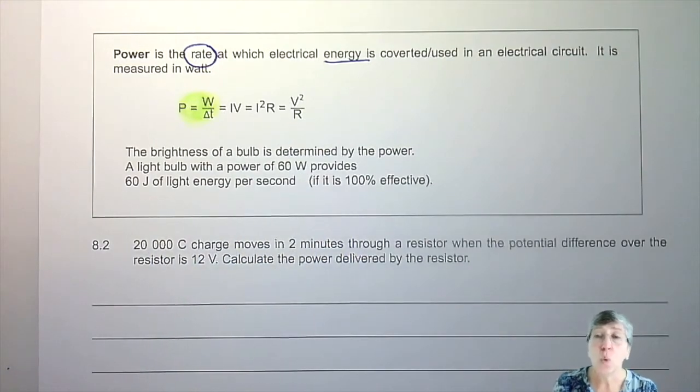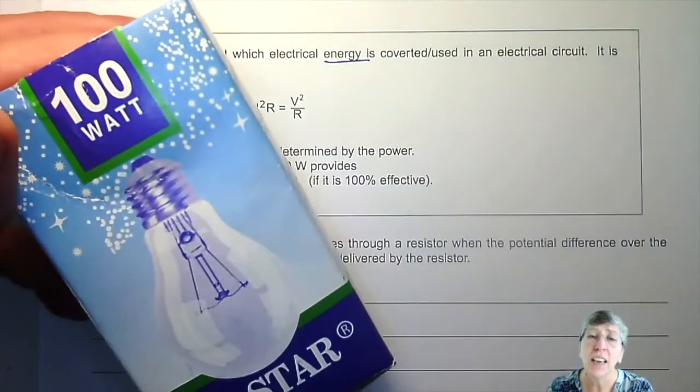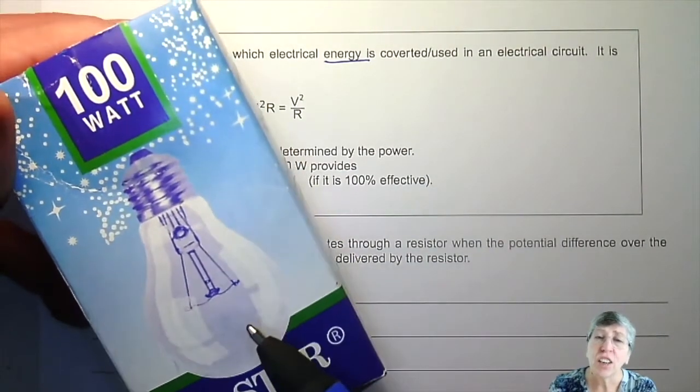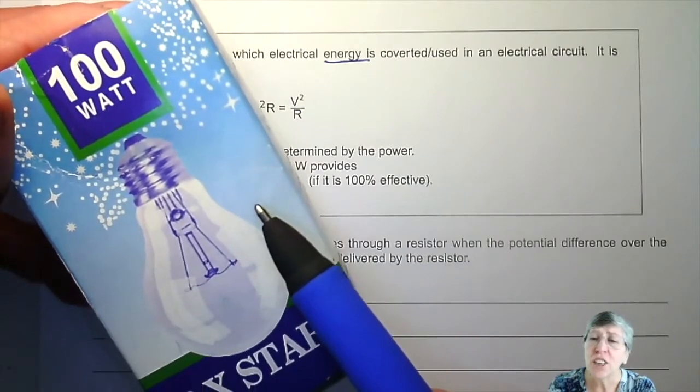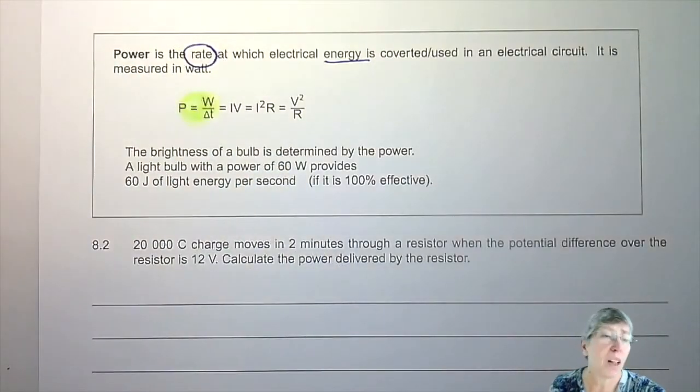So a 60 watt lamp would provide less light energy than a 100 watt bulb. But we are not using the old-fashioned bulbs anymore, because what they did is they actually converted electrical energy to a lot of heat energy as well that we don't want and we don't need.